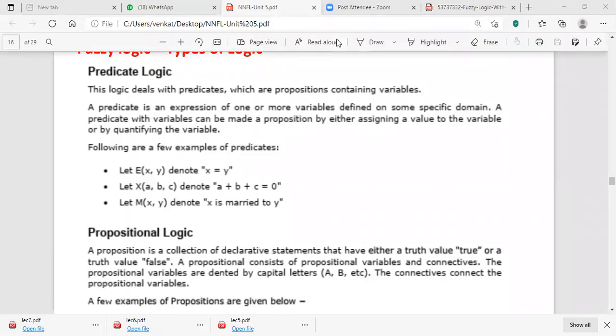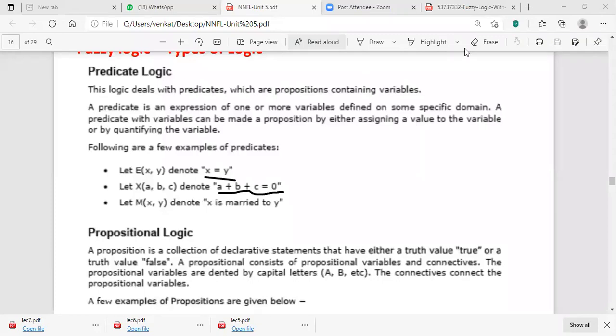Let E(x,y) indicate that x is equal to y. The first one is x equal to y. The next one is denoting X(a,b,c), which denotes a plus b plus c is equal to 0. M(x,y) denotes x is married to y. You are predicting this logic.